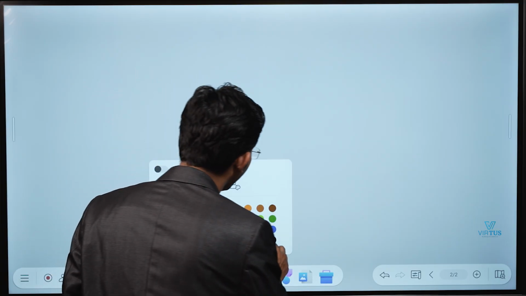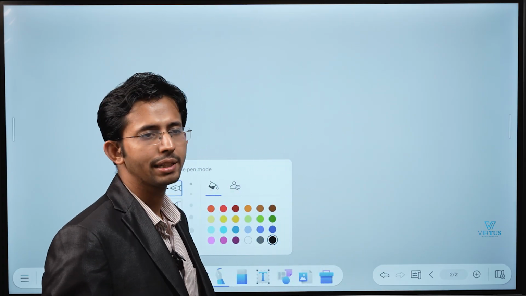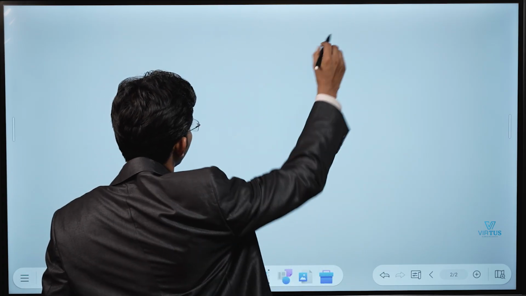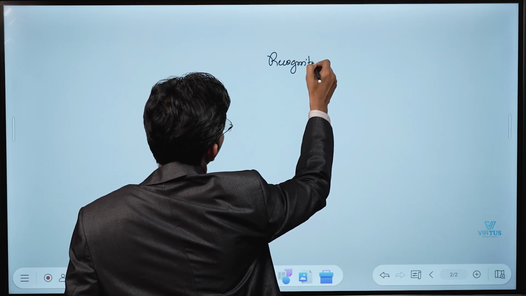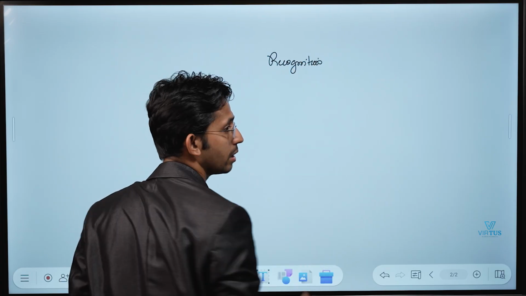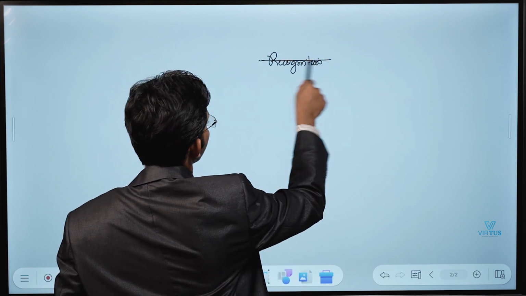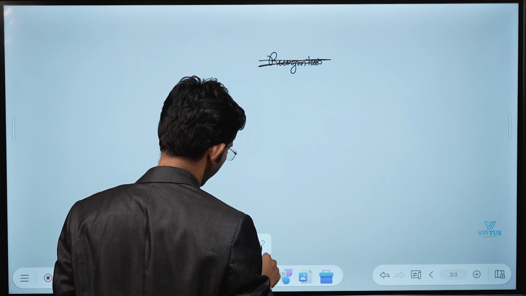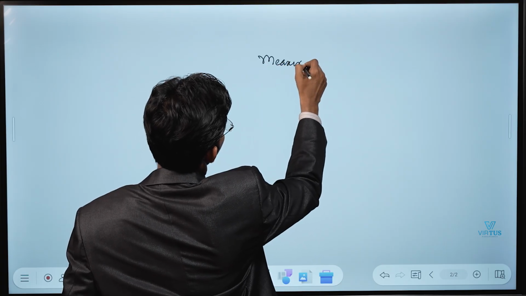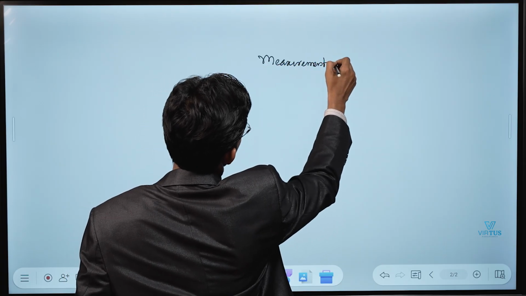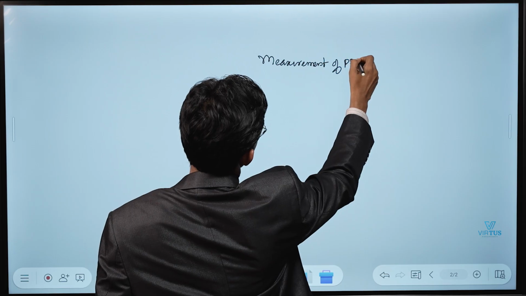Now, having decided to recognize something as property, plant and equipment, how to measure it? Measurement of PPE.